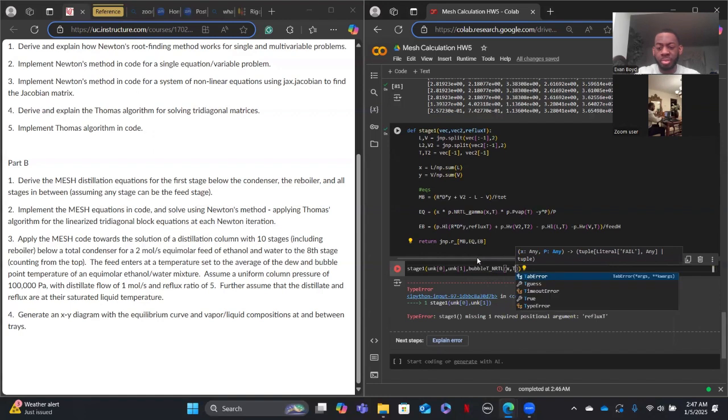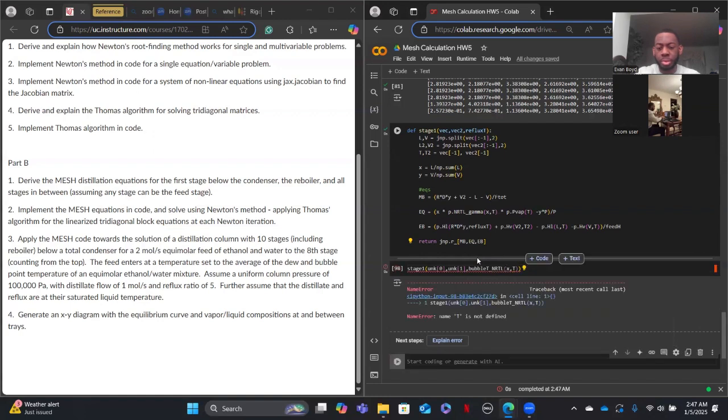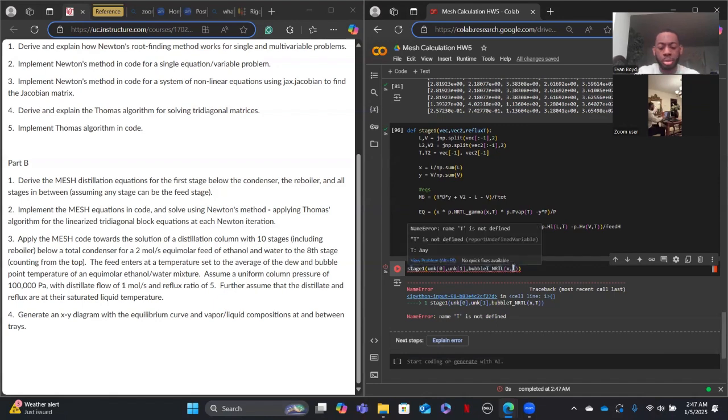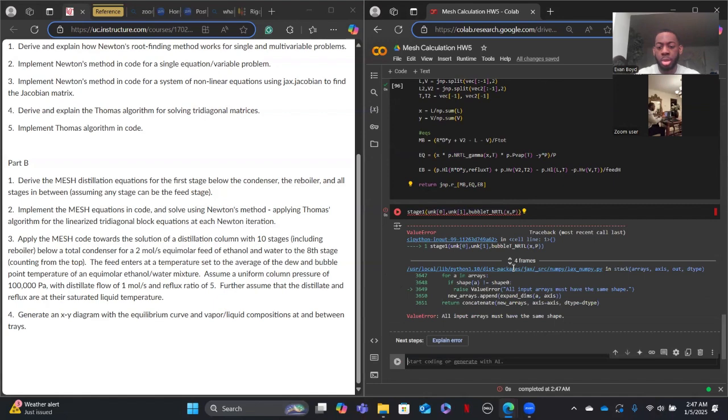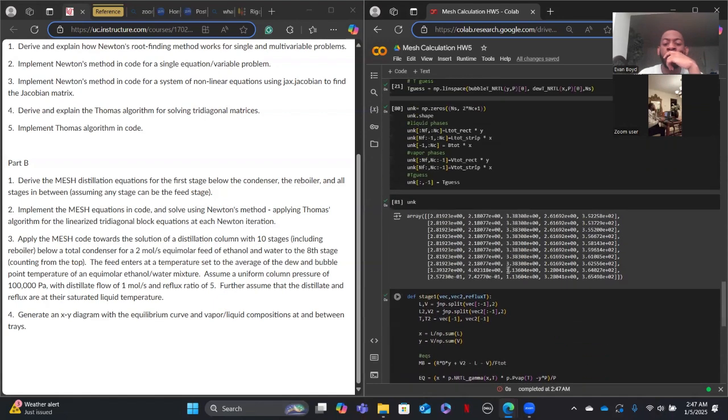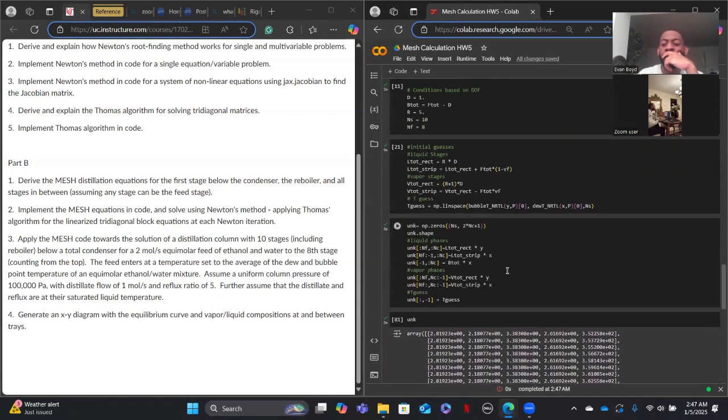And temperature. I forgot what this was. Is it pressure? Yes, pressure. Oh shoot, I forgot.